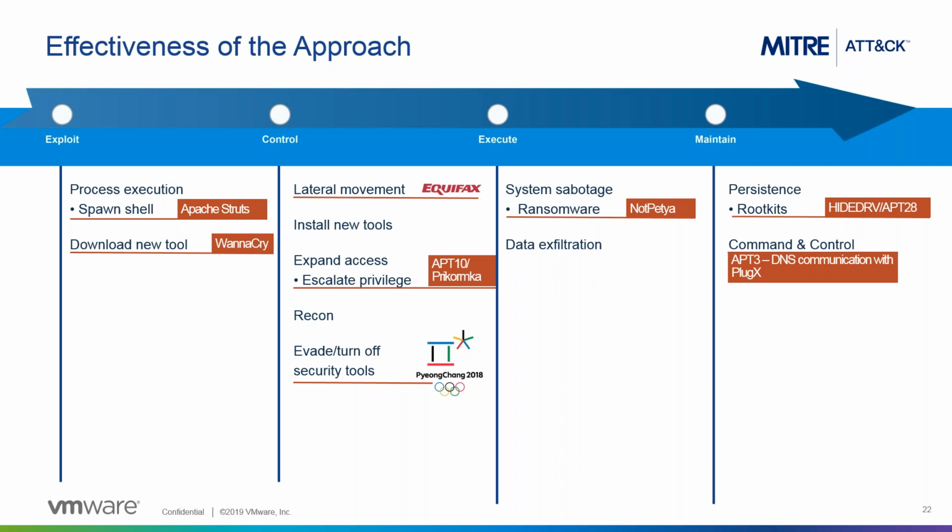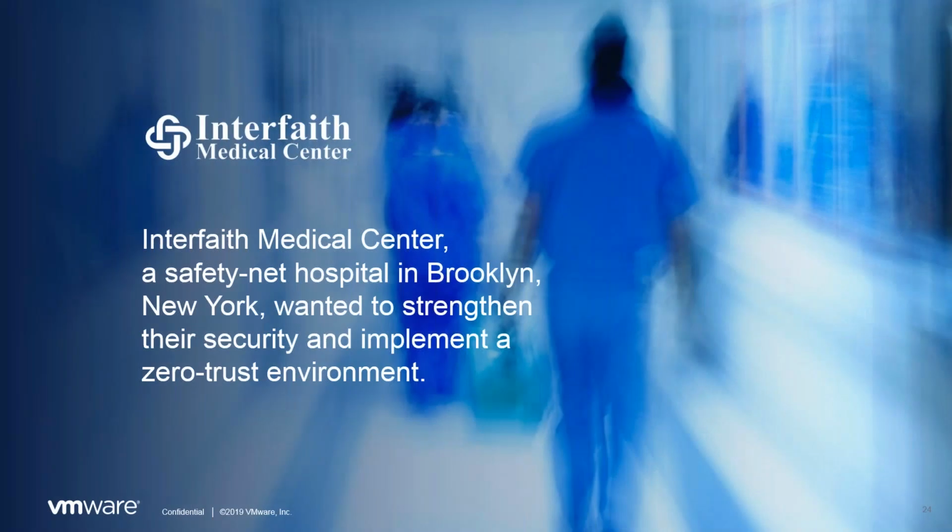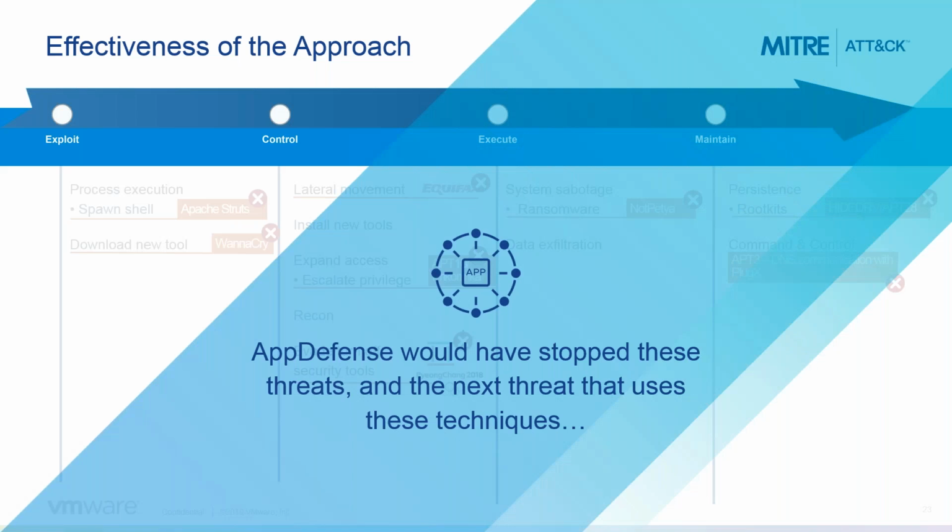Some of them caused millions of dollars in losses, some of them downtime to organizations, like the WannaCry attack. Well, AppDefense would have stopped these attacks from being able to execute. Because AppDefense is designed to stop those techniques themselves from executing, it effectively would have stopped those attacks.